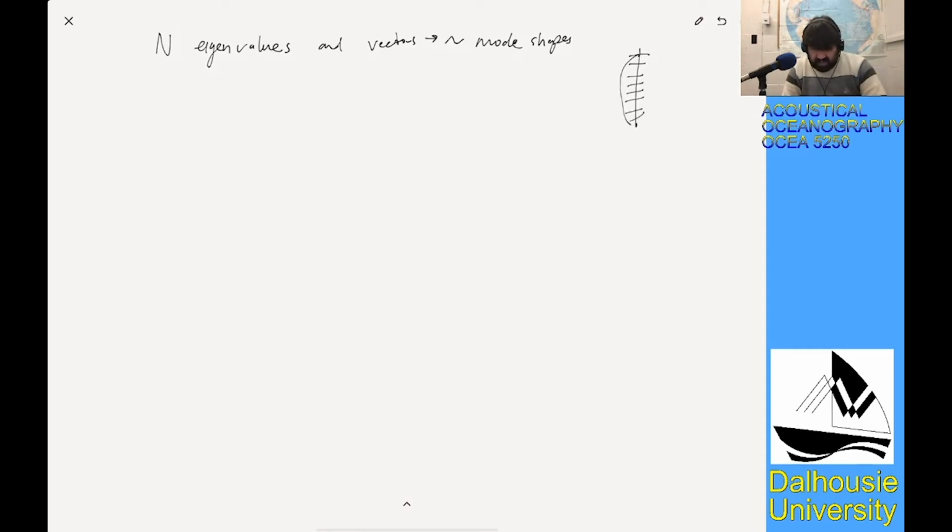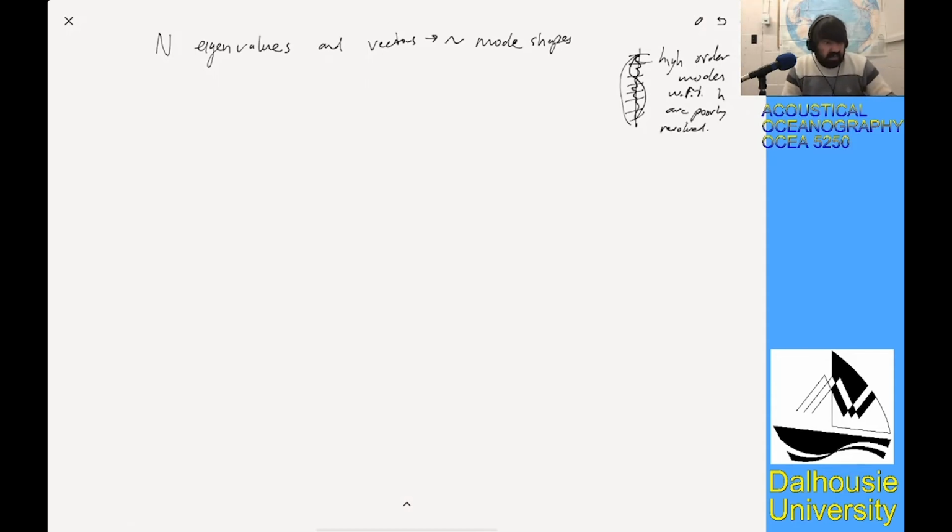When you get to very high order modes, they're going to be poorly resolved. And these, I'm going to say high order modes with respect to H, are poorly resolved. Something to keep in the back of your mind.